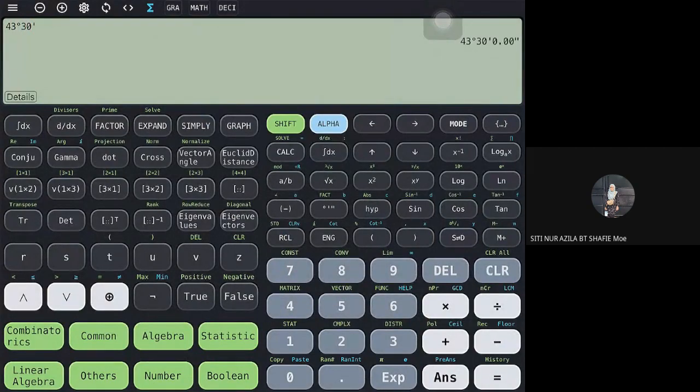Make sure to write it down this way. Then press your equal sign. If your calculator shows you your answer in degrees, minutes, and seconds, just press this button again.